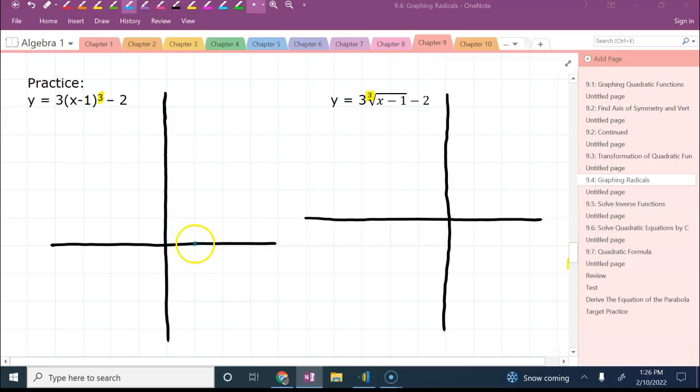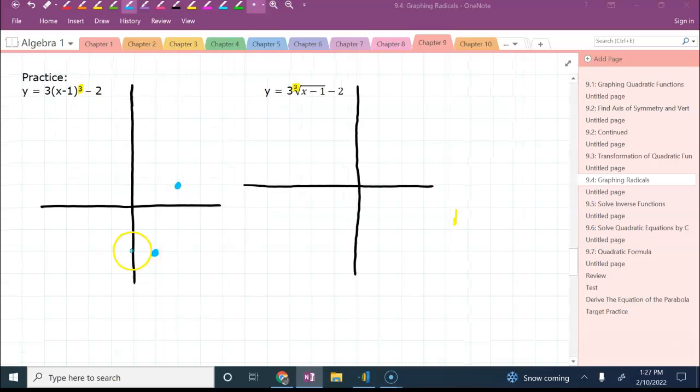So we're still going to go right 1, down 2 for our vertex. For this original one on the left, your stretch is still 3, so you're going to go right 1, up 3. And you're going to go left 1, down 3, because you have to make that kind of S shape. So it's going to go up through that point and down through the point on the left.